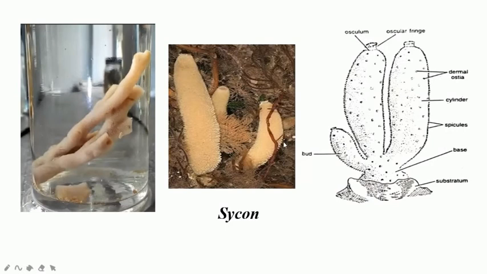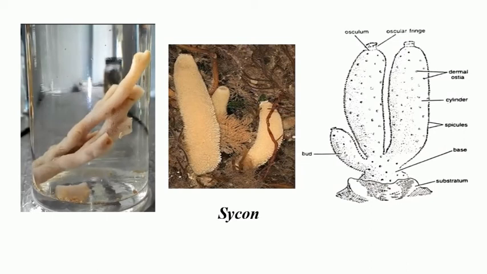Then there is a peculiarity in these poriferans, that the body is covered with spicules. Spicules are basically spines, or pointed structures which have varied shapes. We will discuss that in today's class only.